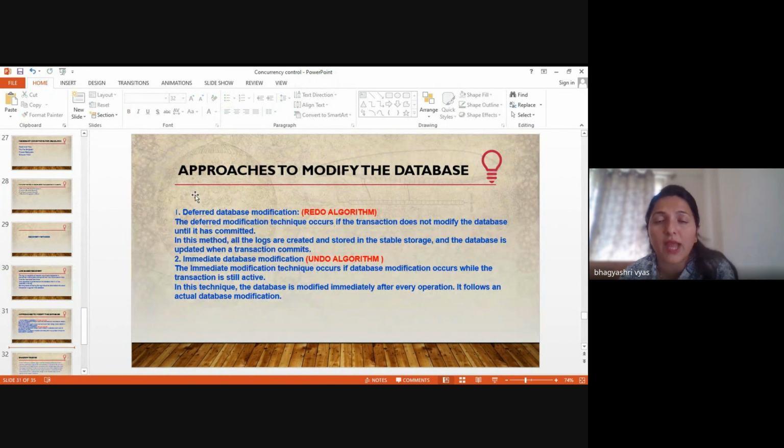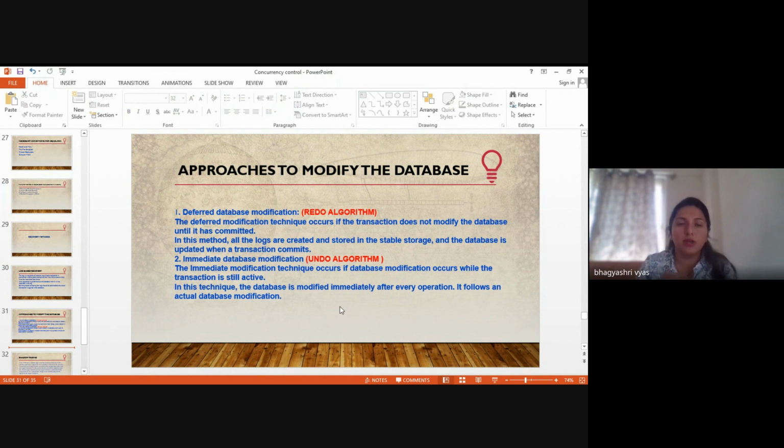Now, these are the approaches to modify the database, or I can say these are the recovery methods. Okay, deferred database modification, also known as the redo algorithm, and we have one more, the undo algorithm. These two algorithms work with the logs.